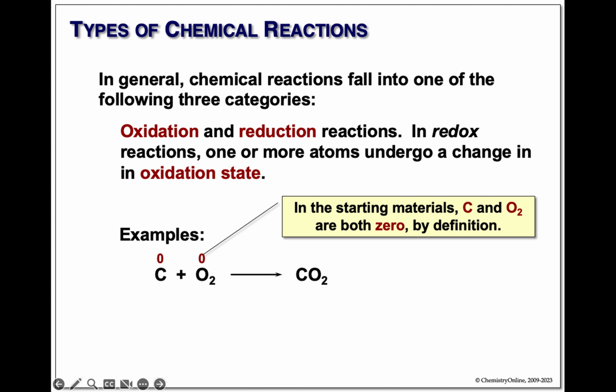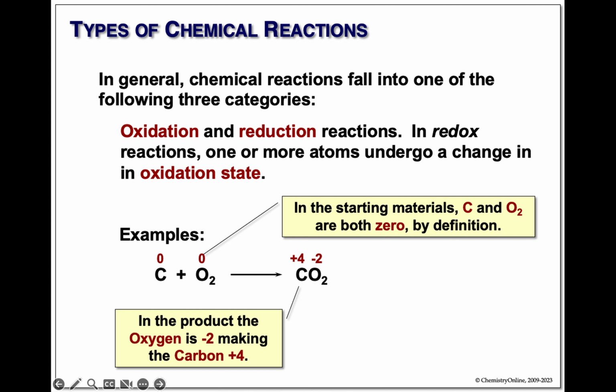And that oxygen in a compound was going to be -2. So here we have 4 negatives. That means that the carbon to be neutral must be a +4. The oxidation numbers have changed from 0 to +4 and 0 to -2. That makes it a redox reaction. Again, we'll talk more about that. Any question on the simple nomenclature?